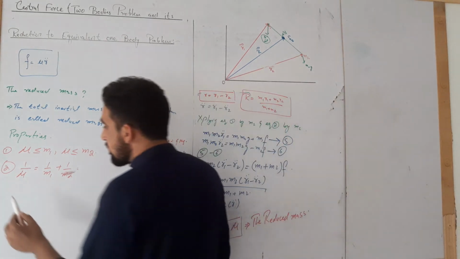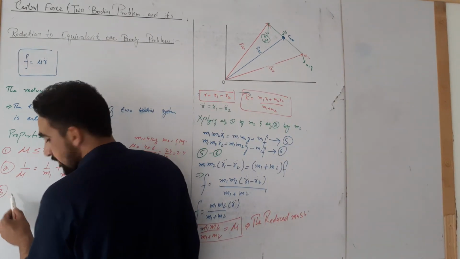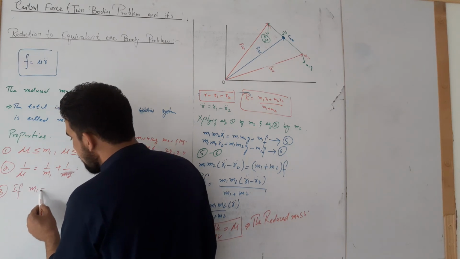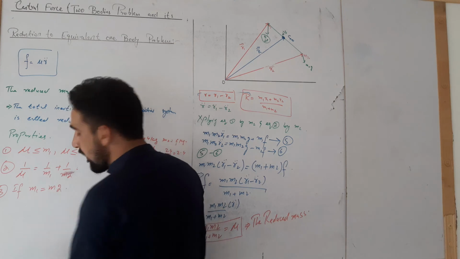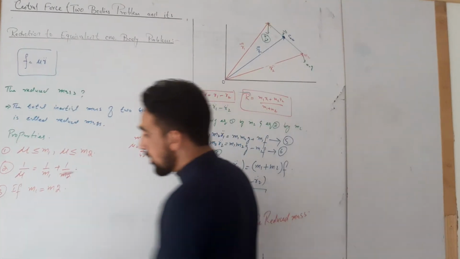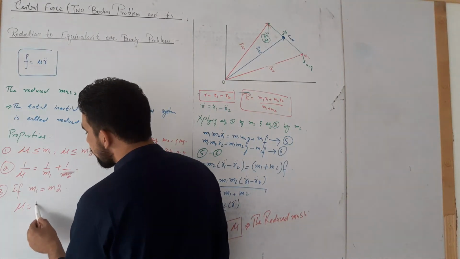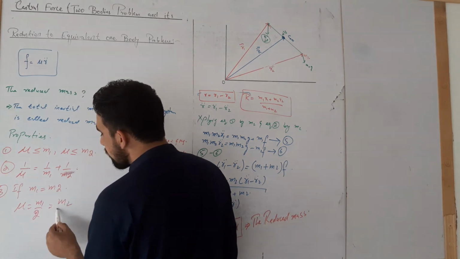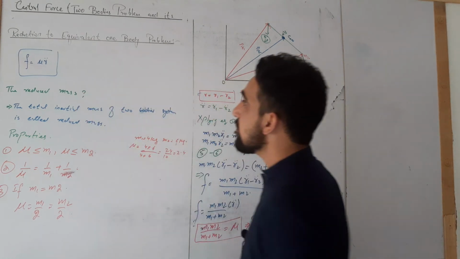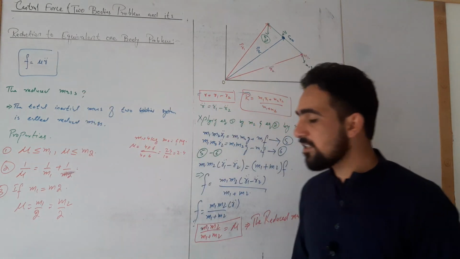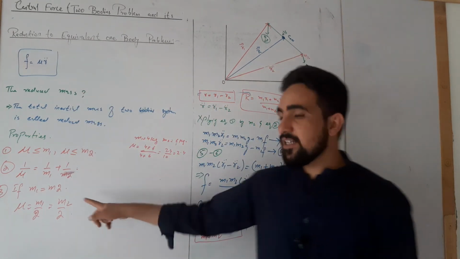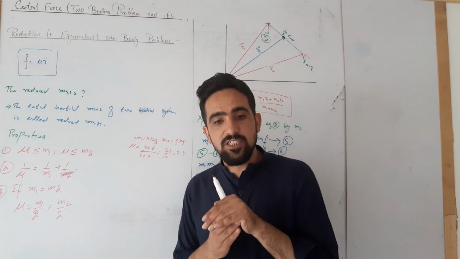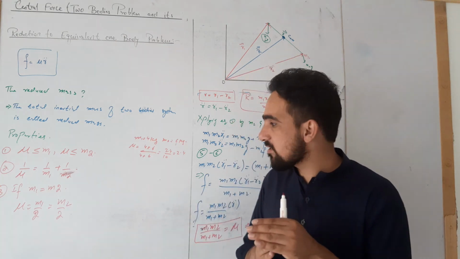Similarly, number 3 is if m1 is equal to m2, then mu is equal to m1 divided by 2 or m2 divided by 2. Or you can replace m1 or m2 by one term, and the reduced mass, the effective mass, will be half of the original mass of the system.